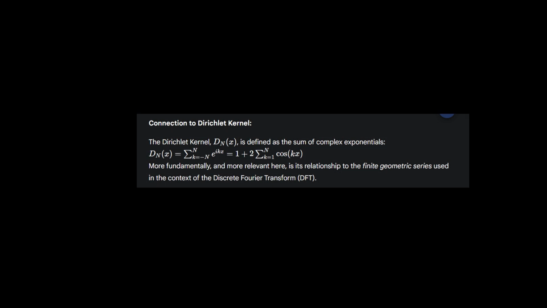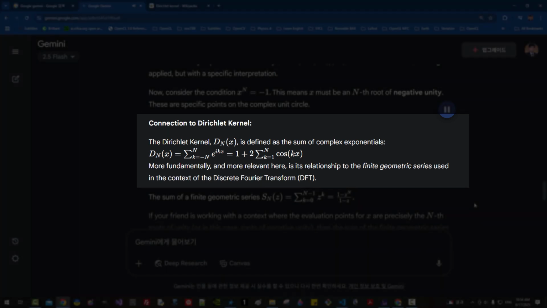Connection to the Dirichlet kernel. The Dirichlet kernel, D_n(x), is defined as the sum of complex exponentials: D_n(x) = sum from k = -n to n of e^(ikx) = 1 + 2 sum from k = 1 to n of cos(kx).